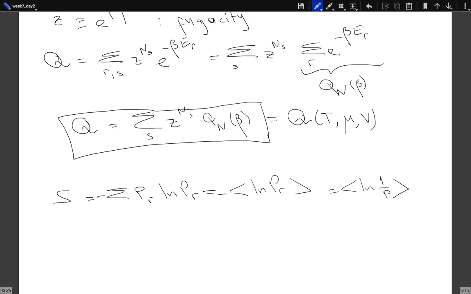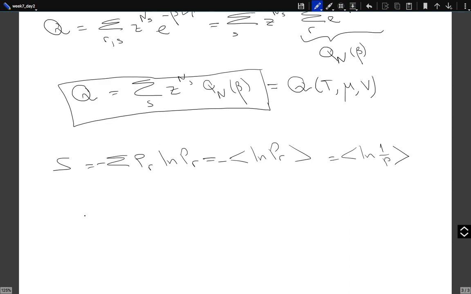So let's use this one. We already know the probabilities. So in the canonical and grand canonical ensemble, the entropy will be just the average of the minus logarithm of the probabilities.